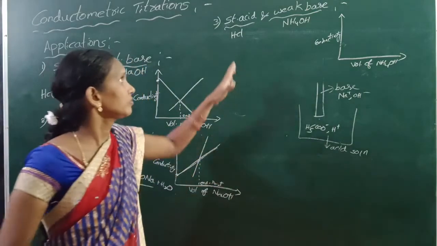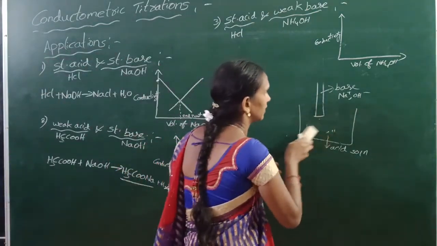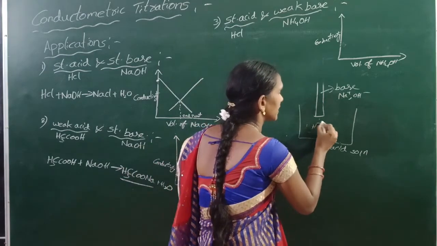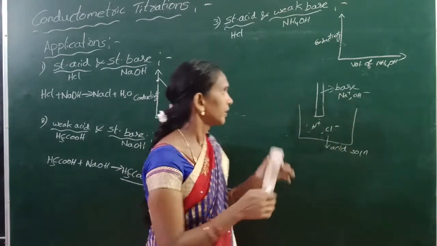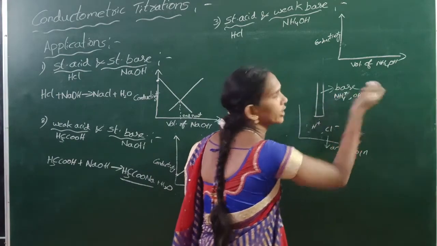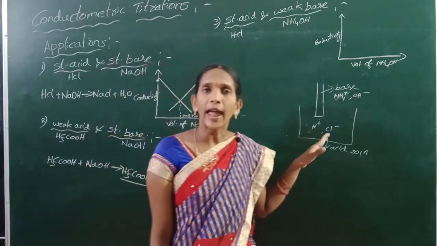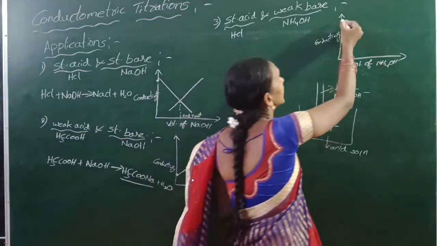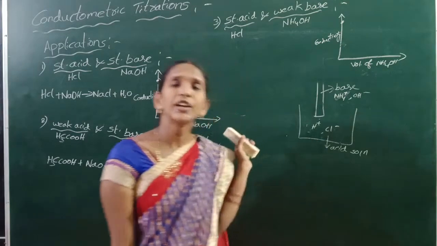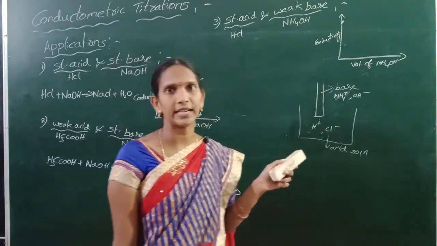Here strong acid, HCl, gives H+ and Cl-. Here NH4+ and OH- ions. Initially the conductivity of the acid is very high. Why? Because fast moving H+ ions are present.